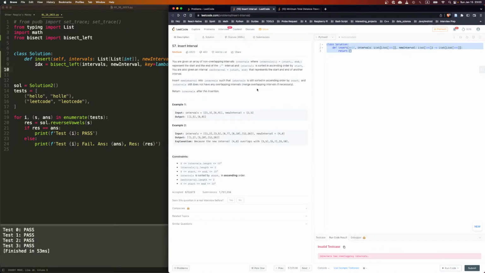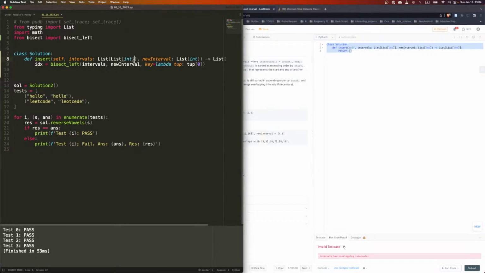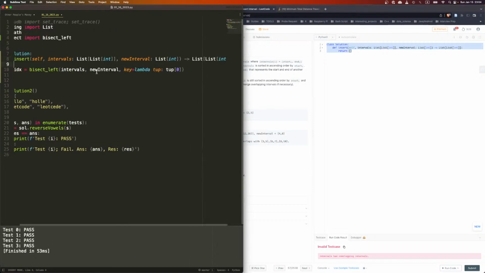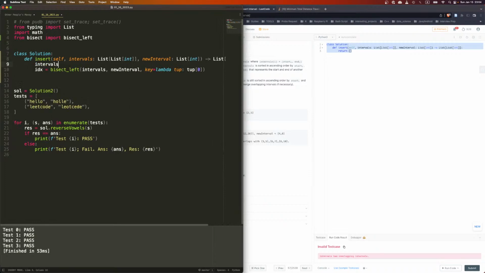That is a good idea. We add a -2, -1 at the front. So intervals equals [-2, -1] plus intervals.